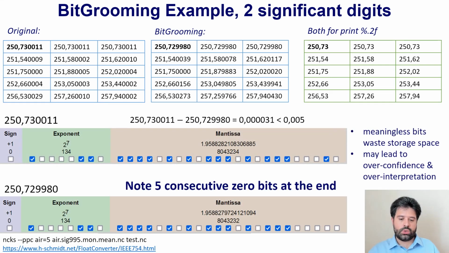The difference between the original and produced values is acceptable, and we can reliably say that they are identical. However, BitGrooming created a sequence of 5 zero bits at the end, amenable for better compression.